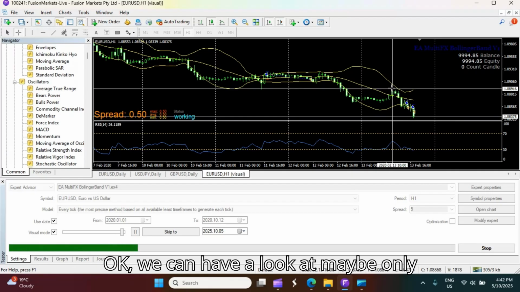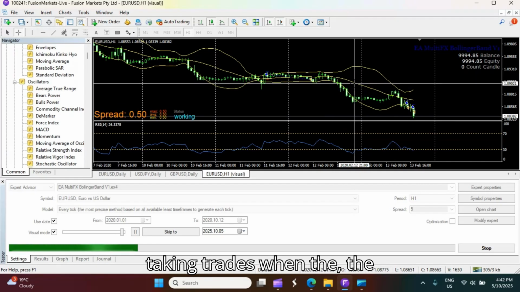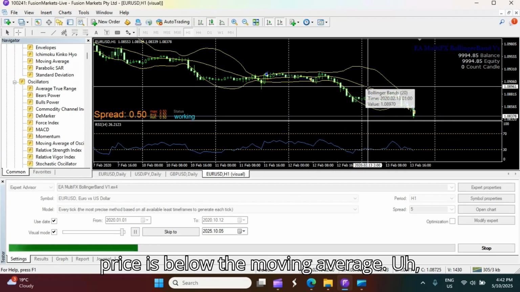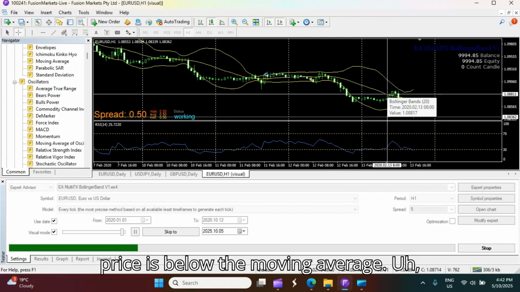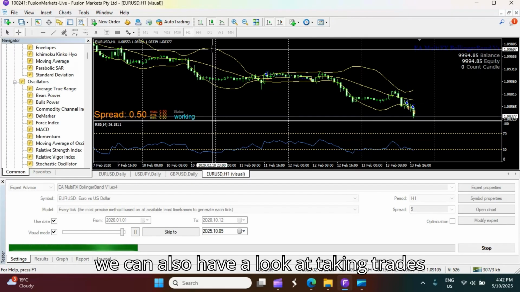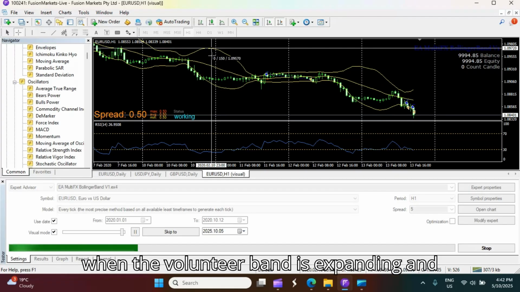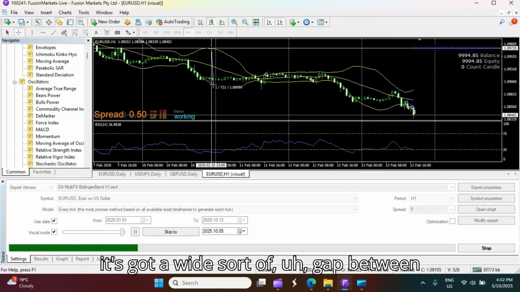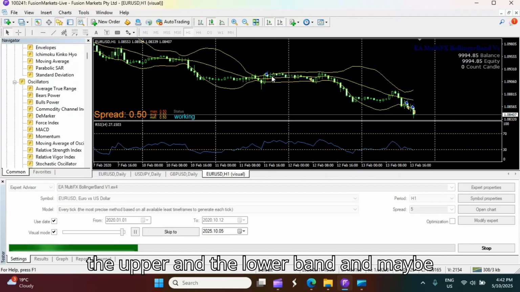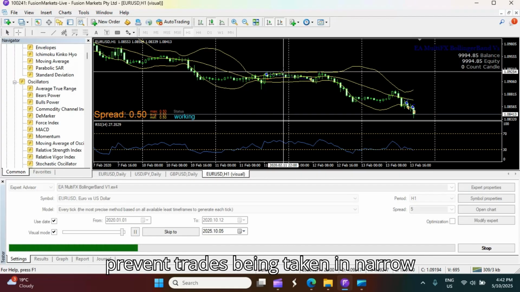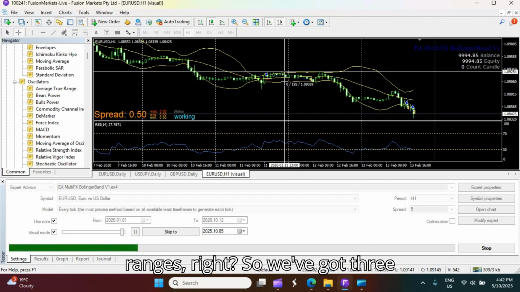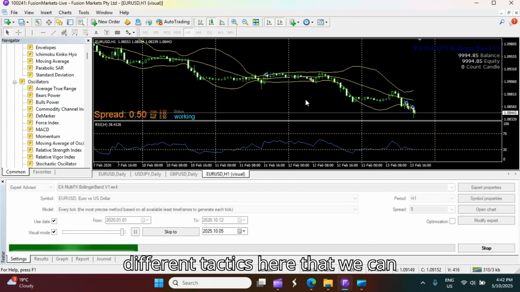We can have a look at maybe only taking trades when the price is below the moving average. We can also have a look at taking trades when the Bollinger Band is expanding and it's got a wide gap between the upper and the lower band, and maybe prevent trades being taken in narrow ranges. So we've got three different tactics here that we can possibly look at.